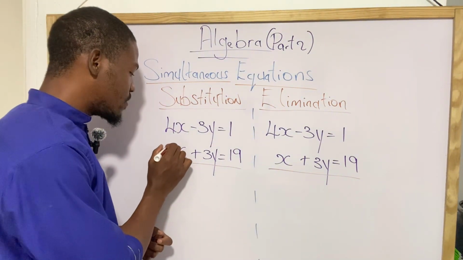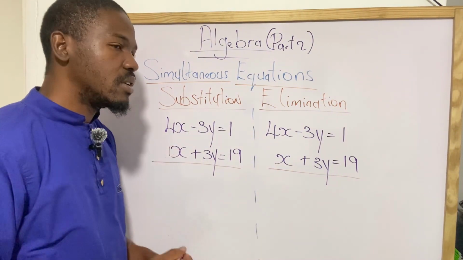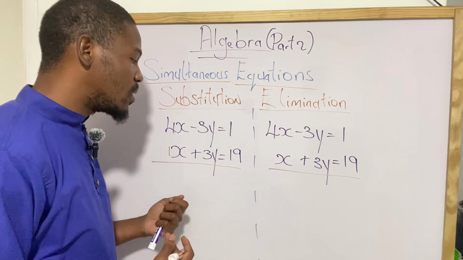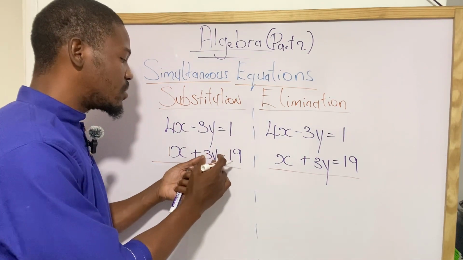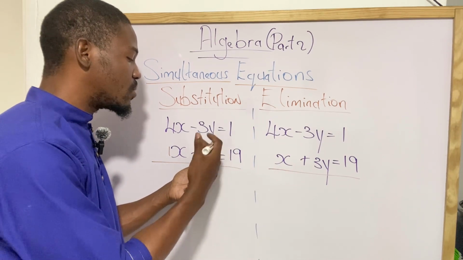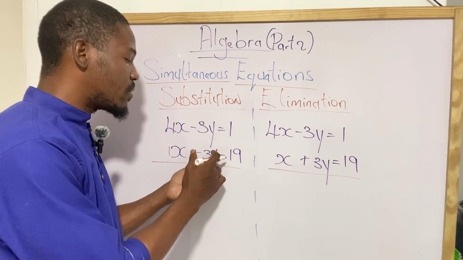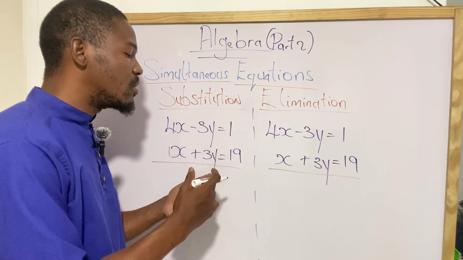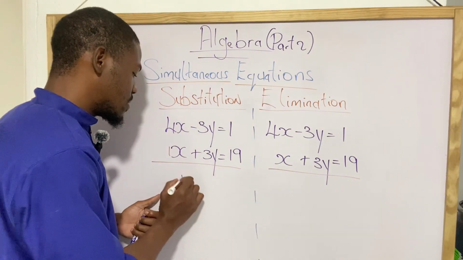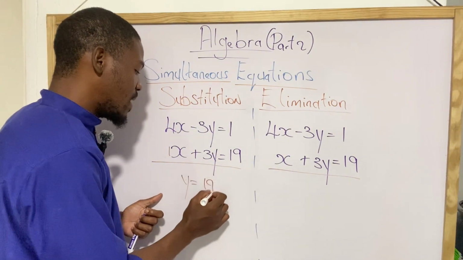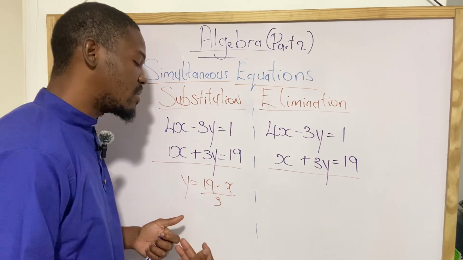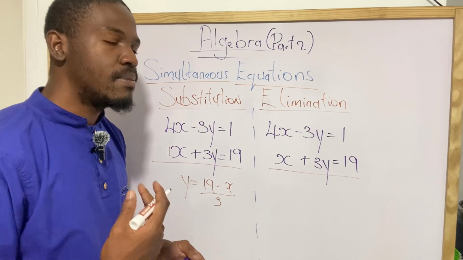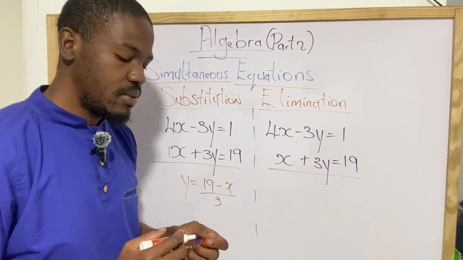Because if you were to choose 3y, and substitute the y with the 3 being right here, you're going to end up with something like 19 minus x divided by 3. And to work with it like that can be bothersome for most students.